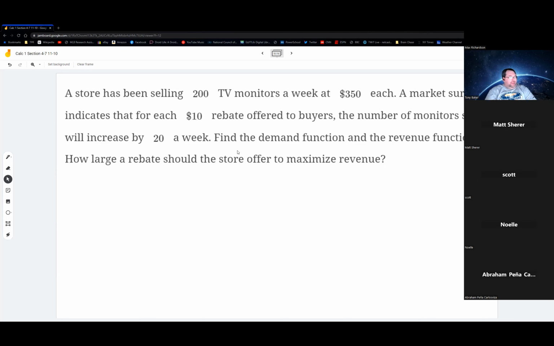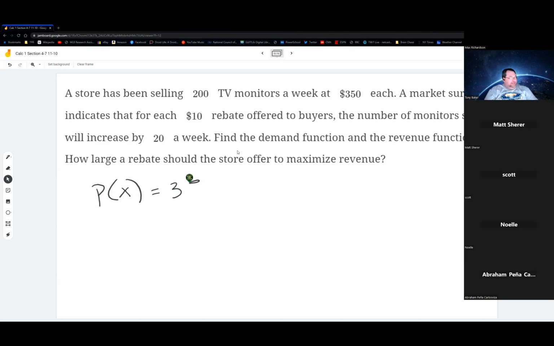So the first thing we want to look at is my price. How much do I want to actually sell the item for? So my price.